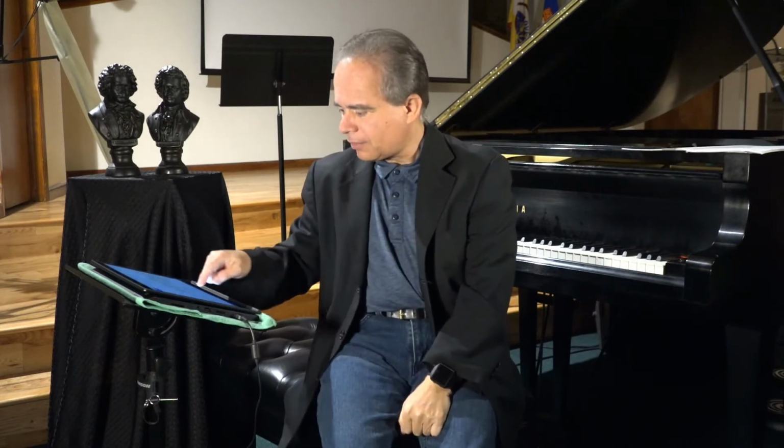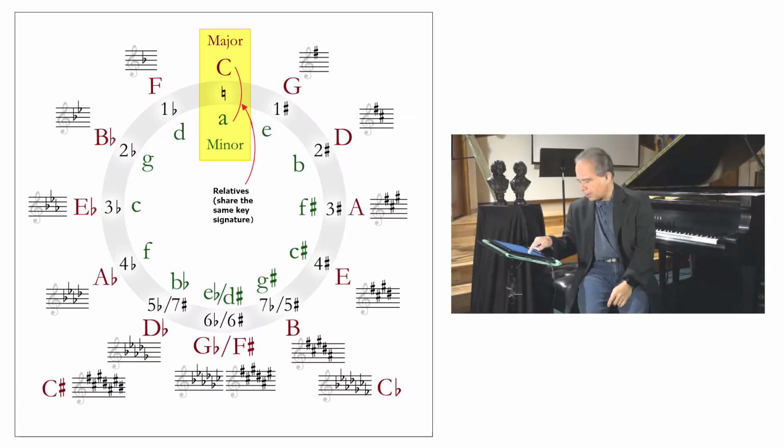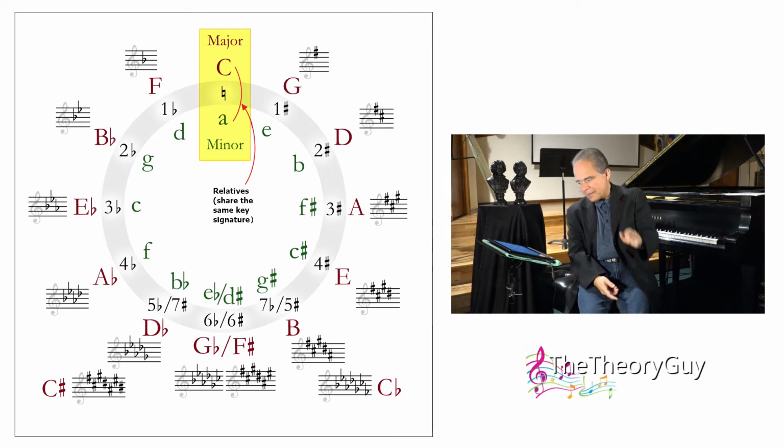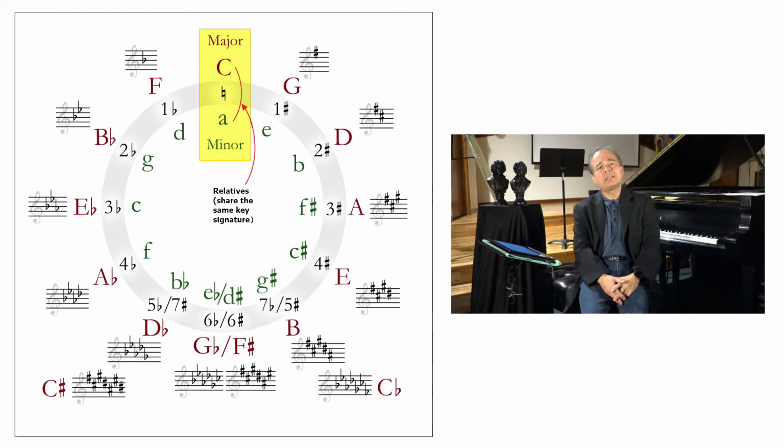All right, let's take a very quick look now at the circle of fifths, our friend here. You can see on top here how I have the key of C and the key of A minor highlighted in yellow. And that space between them of that minor third, C to A, they are said to be relative keys.